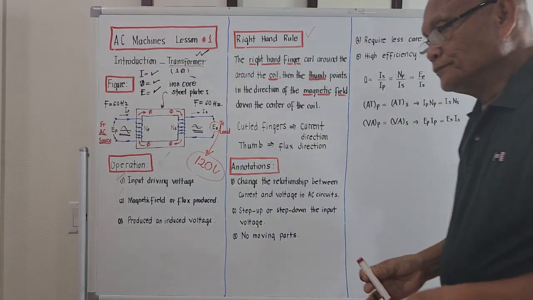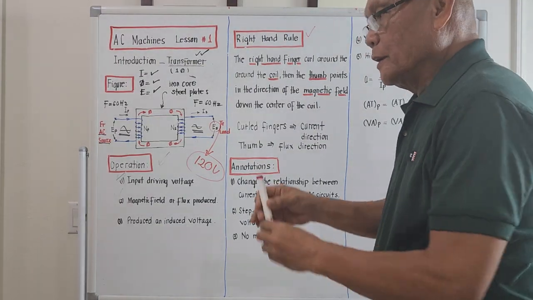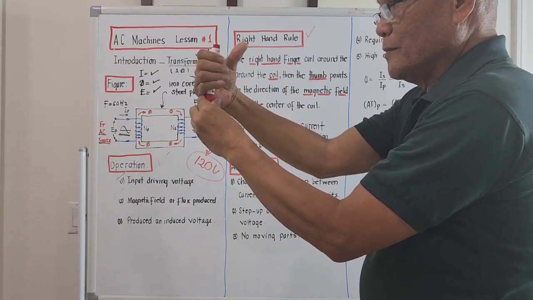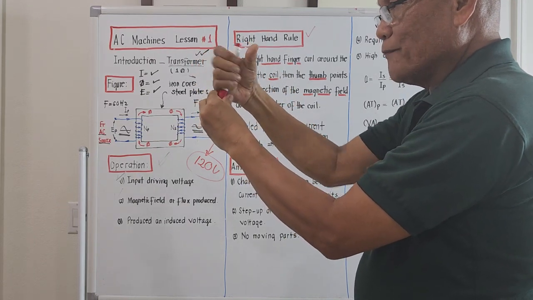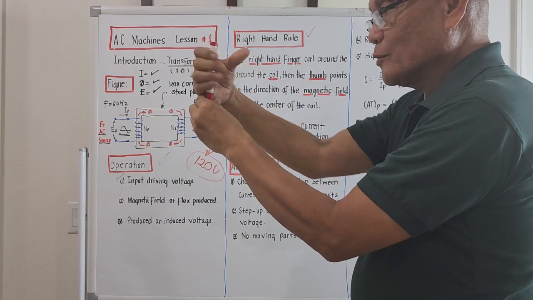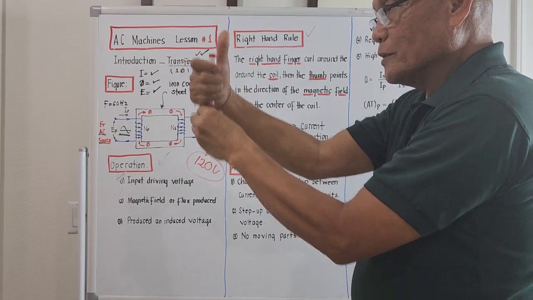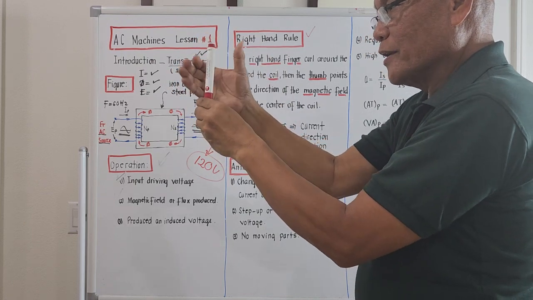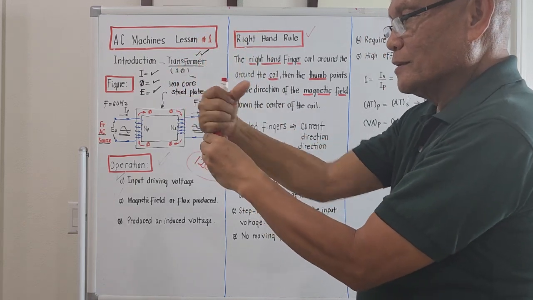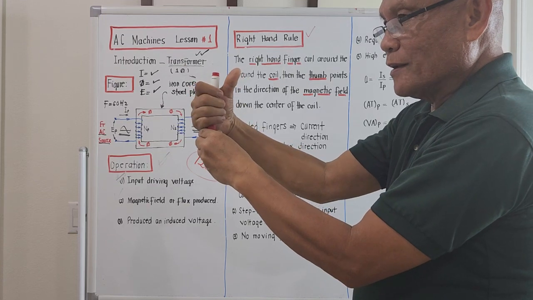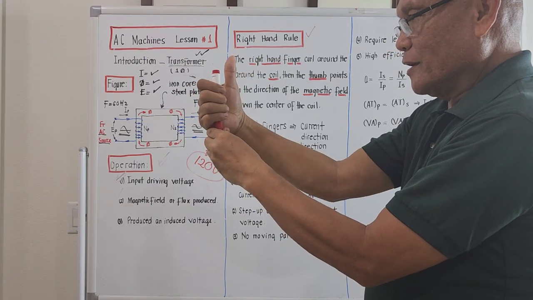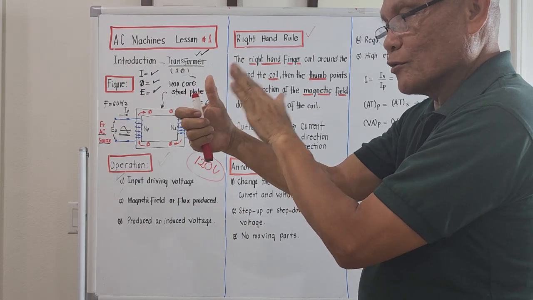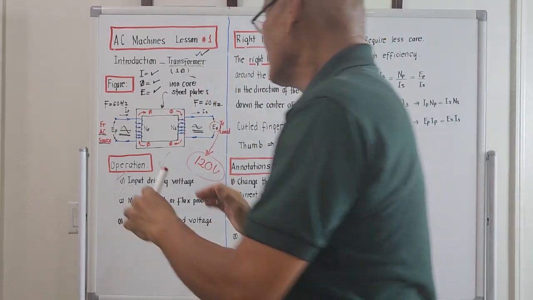Meaning to say, if this is the core and this is the coil, the curling of my fingers points to the direction of the current, and the direction of the thumb points to the direction of the flux or magnetic field produced.